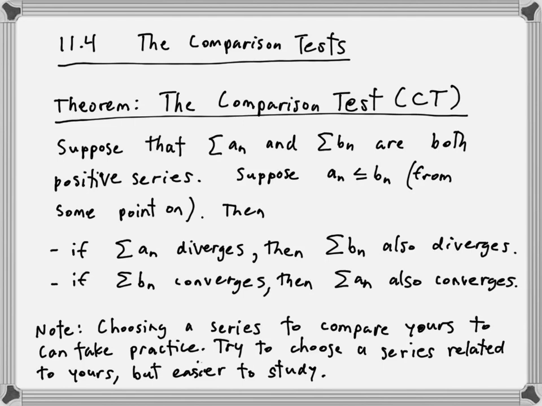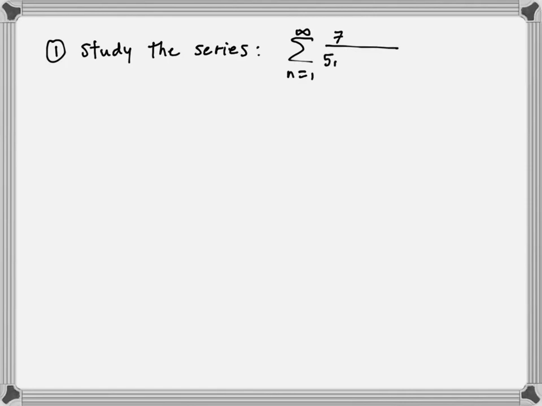So let's go ahead and try an example. This is going to be number 1. Study the series 7 over 5n to the 4th plus 3n cubed plus 4n plus 1.